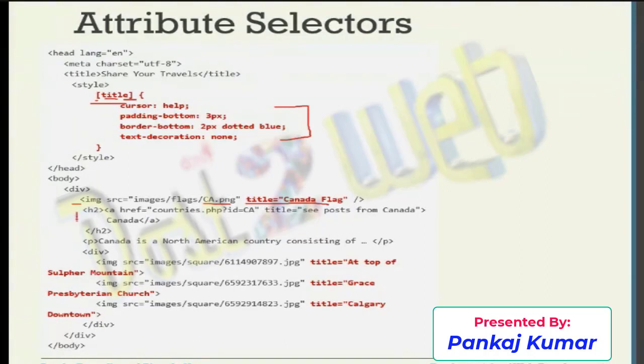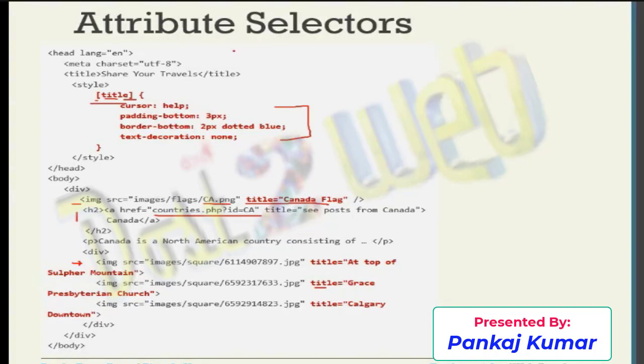Here we have used PHP, just give a heading tag. Next, use another image for another country, or some photograph, whatever you want, and give the title name accordingly. Whatever title you give, it will be taken automatically from this.